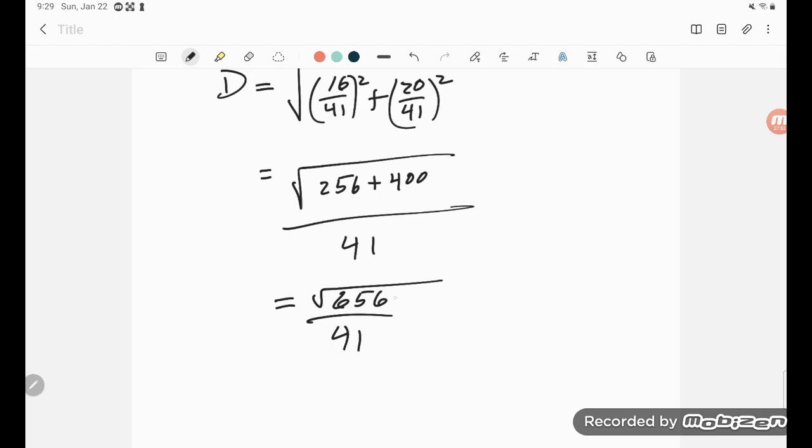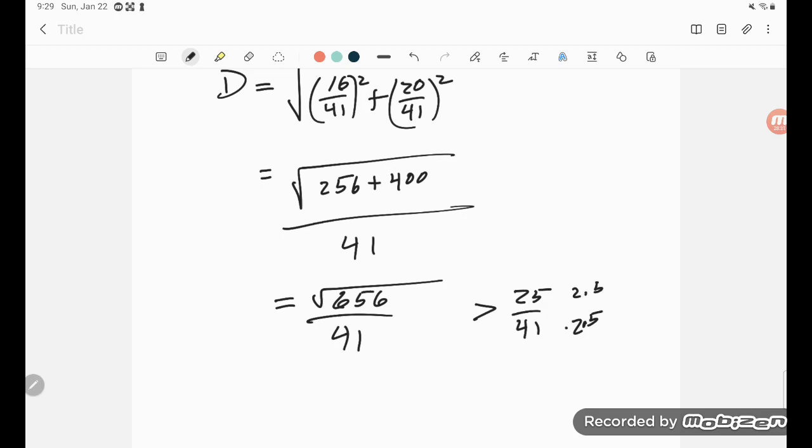And I don't know what that is. I know that, again, the square root of 625 is 25. Okay, so this is some number bigger than 25 over 41. And 25 over 41 is, well, if I multiply the bottom by 2.5, I get about 100.